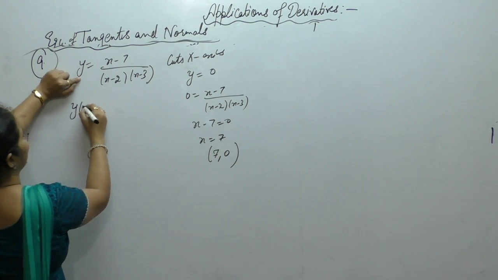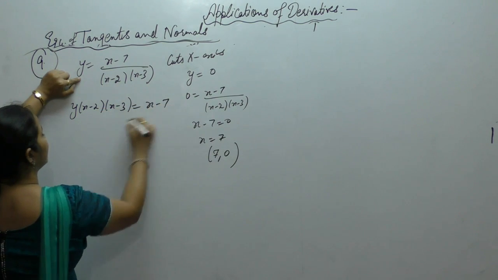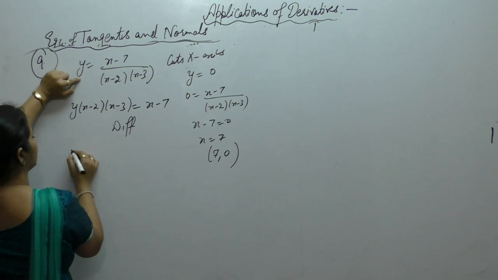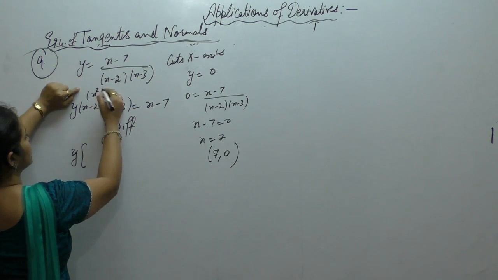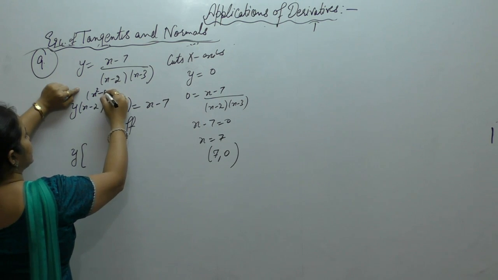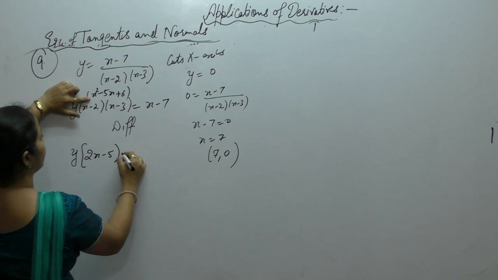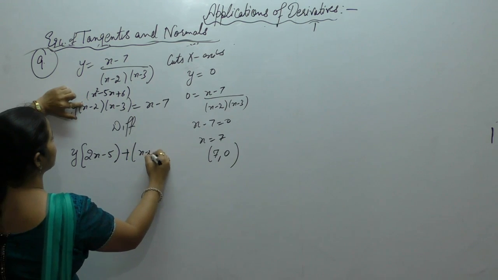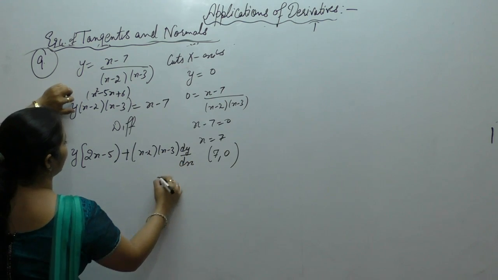Now we can write it as y into x minus 2, x minus 3. Now differentiate with respect to x. First term as it is. Multiply these terms, we get x square minus 5x plus 6. Derivative of second term plus first term as it is, derivative of y, dy upon dx.